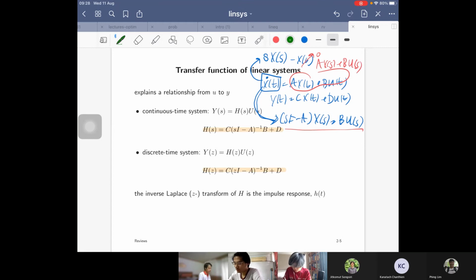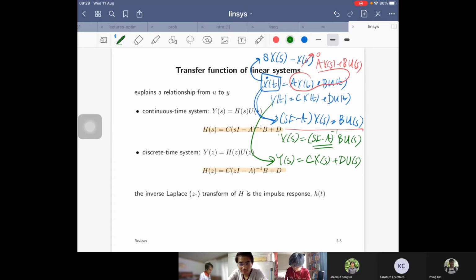And then for the output equation, you invert (sI minus A) for the values of s where this operator is defined, which is called the resolvent operator, (sI minus A) inverse. So Y(s), the Laplace transform of the output equation, is C (sI minus A) inverse B plus D. Oh, yes, you do it too quickly.